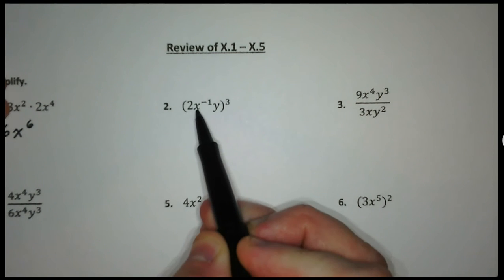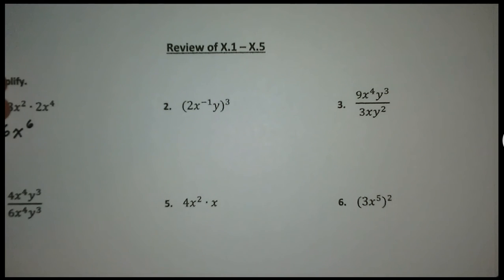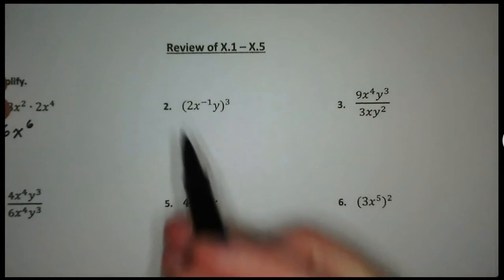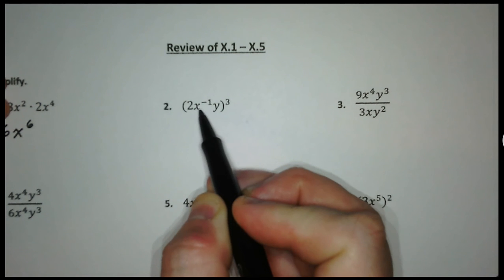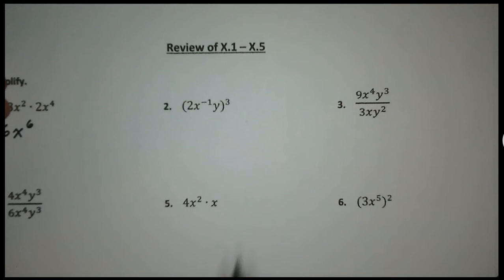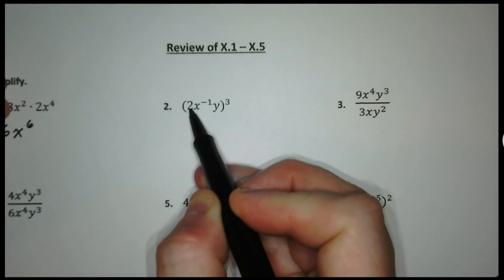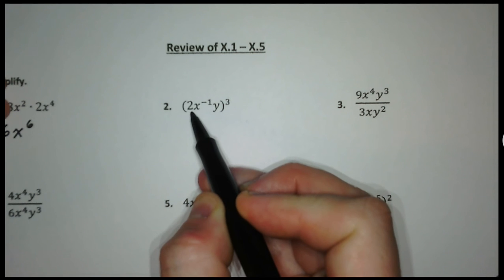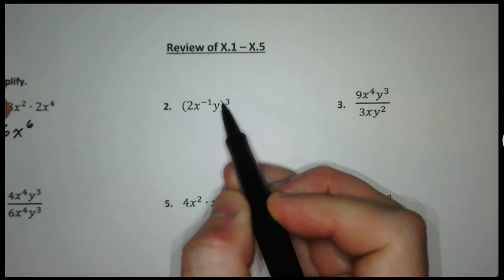So for example, when you raise x to the negative 1 power to the third power, you're going to multiply the powers. But again, don't forget about the 2, which is separate, and the y, which is separate. It's all getting raised to the third. And if you want to think of that 2 having a power of 1, it does technically, and technically you could say that's y to the first.